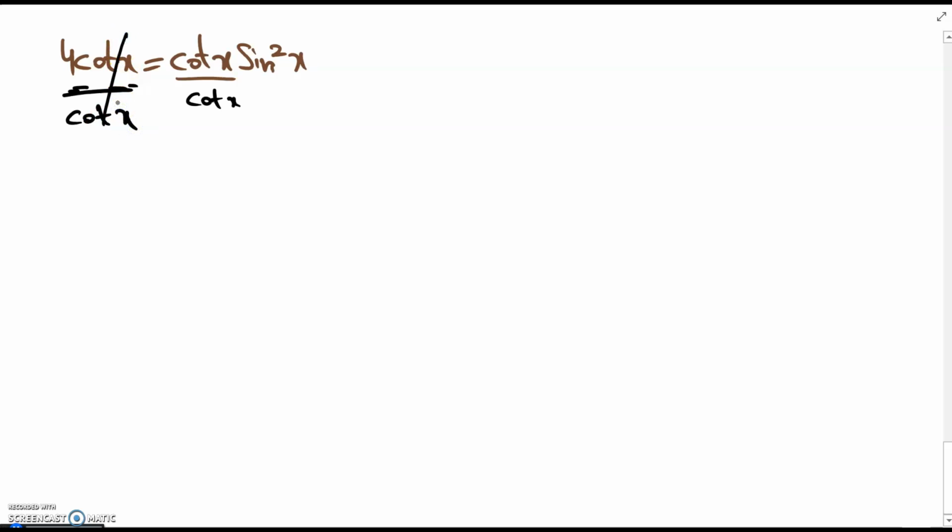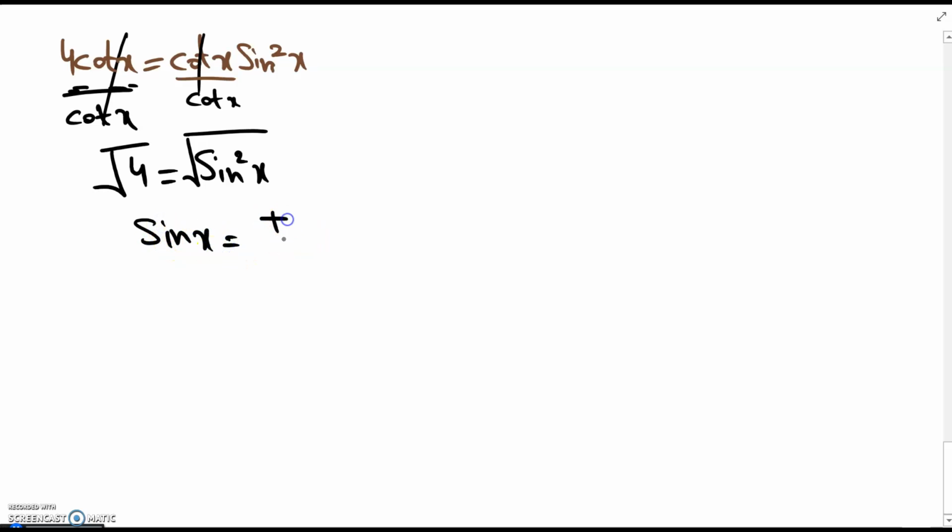Cot x and cot x cancel, and cot x and cot x also cancel here. You have 4 equals sine squared x. Now you have a square, so we will take the square root on both sides. We will have sine x equals plus minus 2, because we took the square root on both sides, so you will get plus and minus.